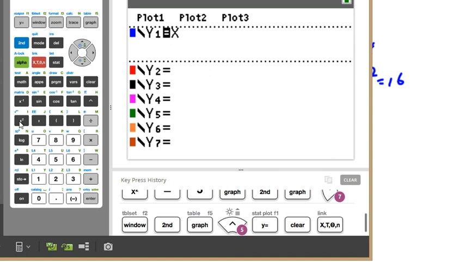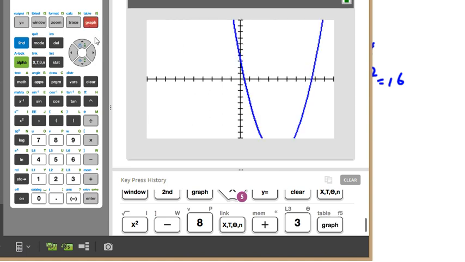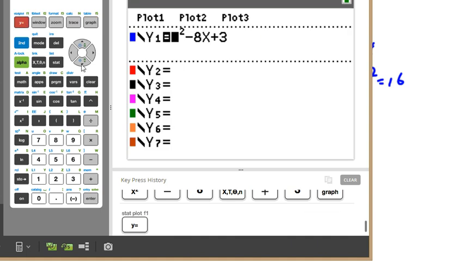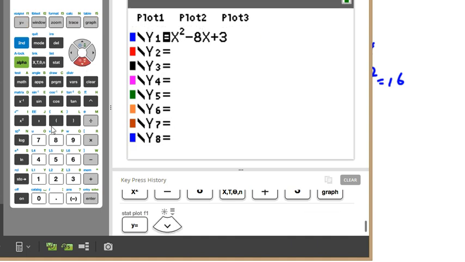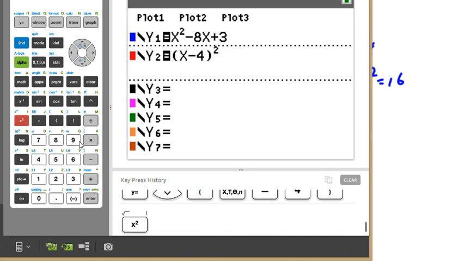X squared minus 8x plus 3, and we graph this function. This is what we get. I can't see the whole thing exactly, no matter. We come back here and put quantity x minus 4 squared, and we have minus 13.